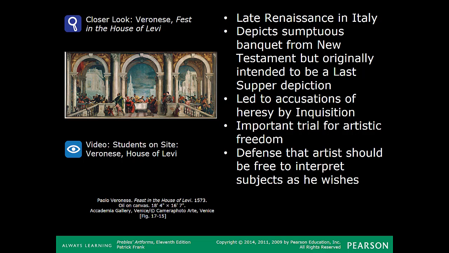So maybe some of you have heard of that time. Inquisition, basically a time period when they were trying to persecute those who were turning away from the church. So Veronese, he went out of his way to produce a work of art like this. It was looked at as an important trial for artistic freedom at the time.